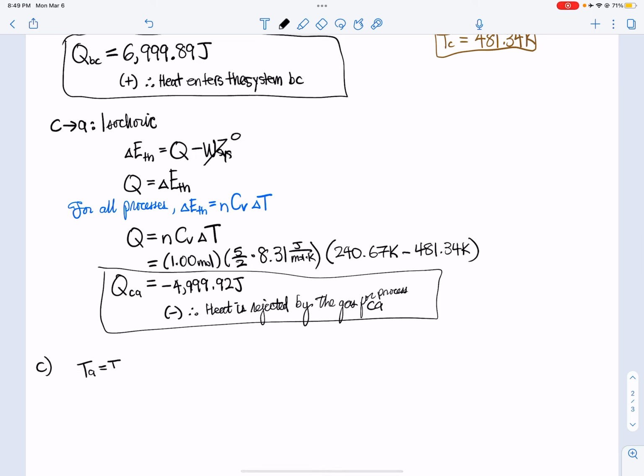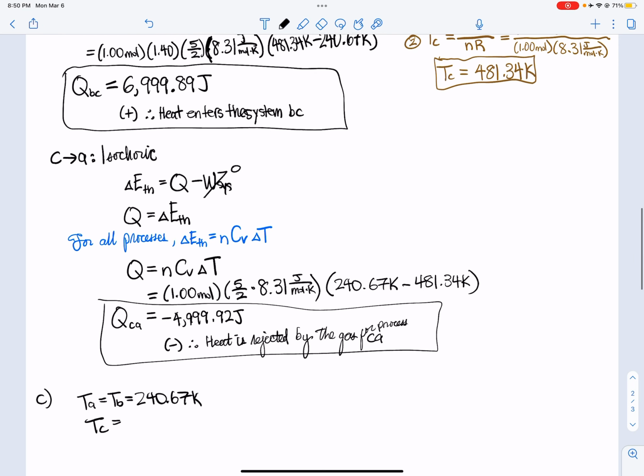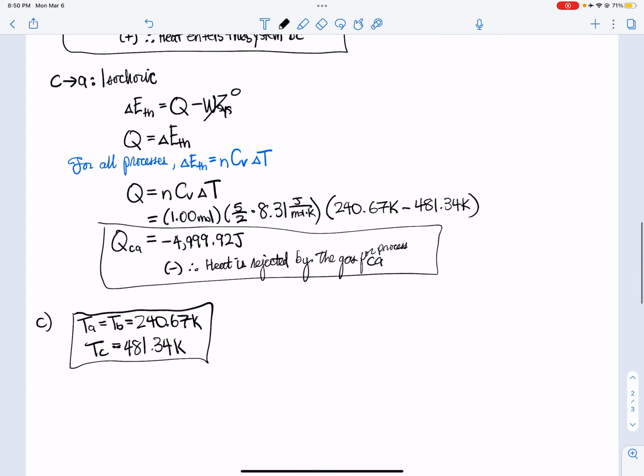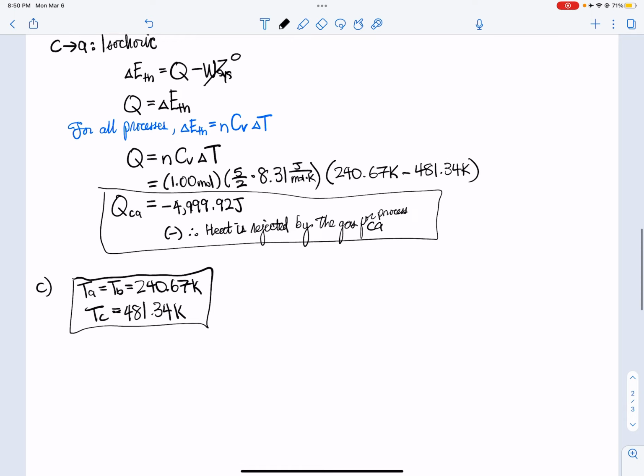TA equals TB, which is equal to, we calculated that as 240.67 Kelvin. And the temperature at C we calculated as 481.34 Kelvin. Okay, so that's our answer for part C. Nice, we did that calculation in part B, side missions.